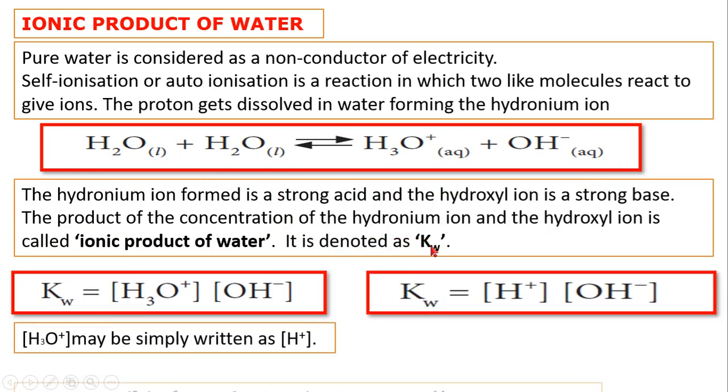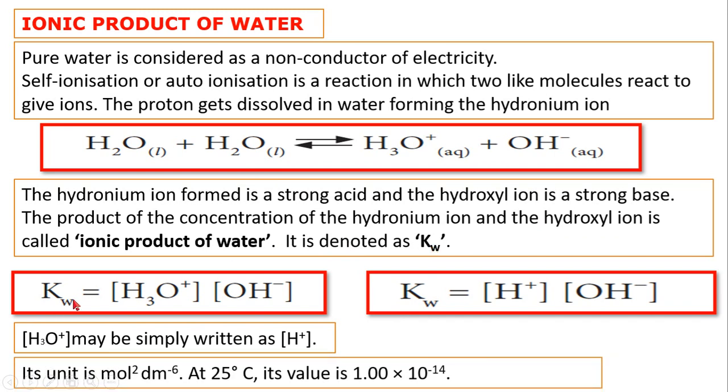Kw, the ionic product of water, is the product of hydronium ion H3O+ and hydroxyl ion OH-, and it may also be expressed like this: Kw equals H+ times OH-, since one molecule of water splits into ions H+ and OH-.